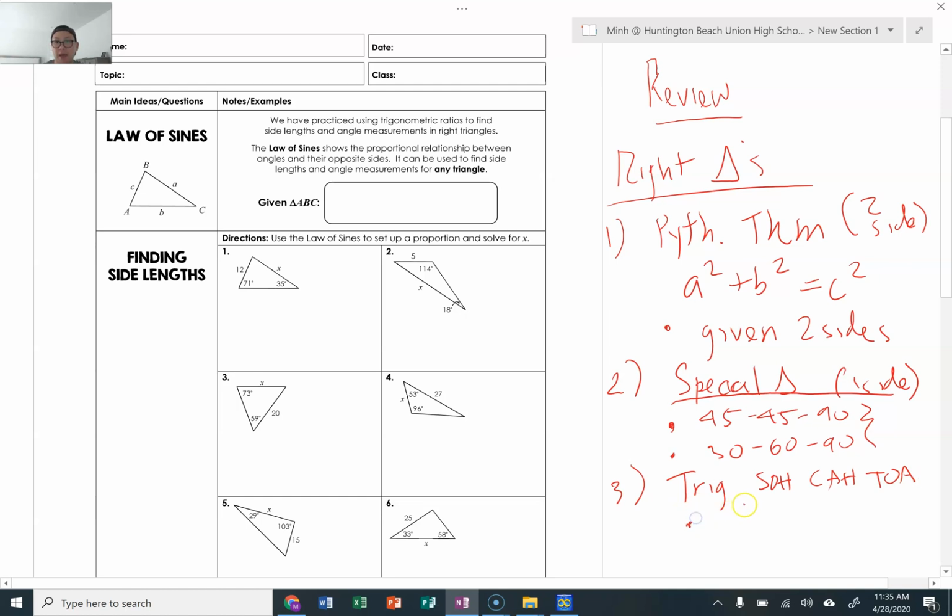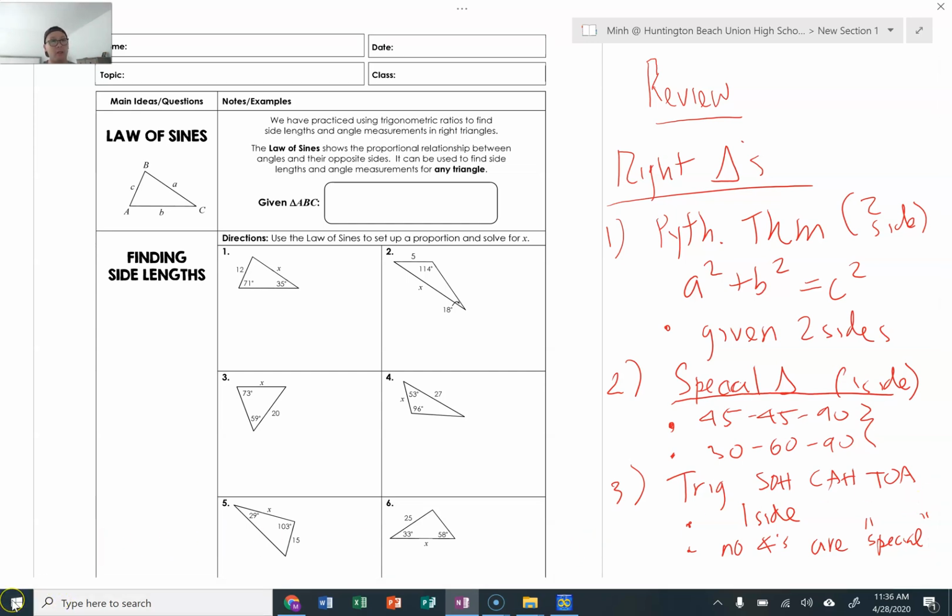And that's given when we have one side, and no angles are special, meaning you don't have any of the angles up above. I mean, you can technically use the special angles to solve trig with, but it's usually used when you've exhausted the option of, well, the Pythagorean theorem didn't work, special triangles didn't work. Well, let's try the third scenario.